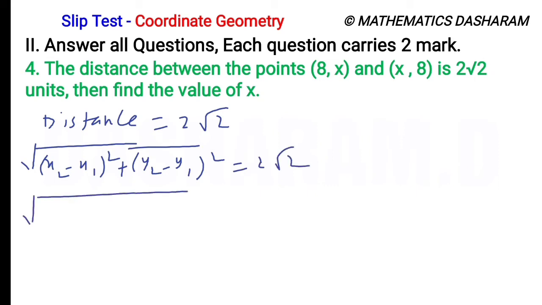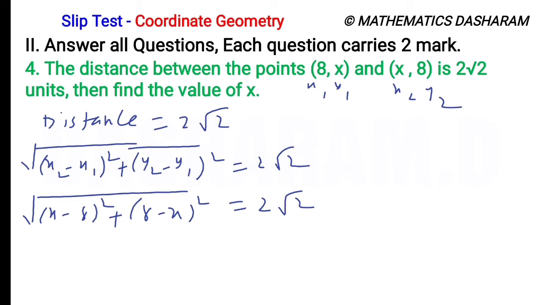Substituting the coordinates: (x1, y1), (x2, y2). So (x - 8) whole square plus (8 - x) whole square, equals 2 root 2.